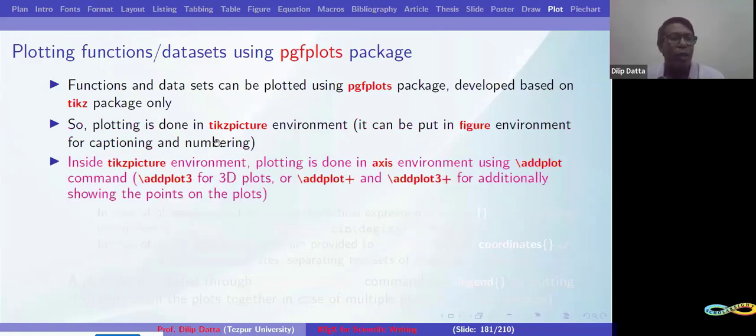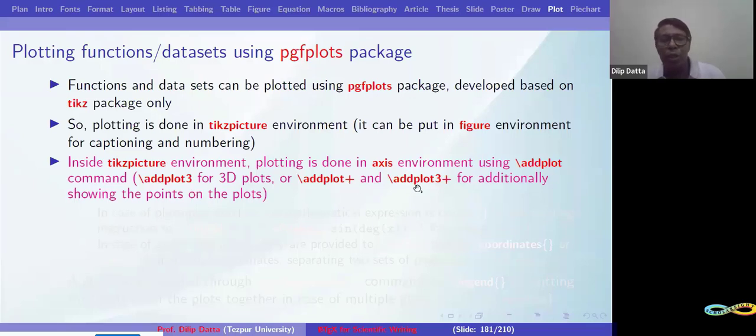Now, what will be done inside the TikZ environment? Plotting is done in the axis environment. Axis will be required very much. Axis means this is the coordinate plane. Just imagine graph paper, what do we do? We have axes, so the axis environment will be used. Inside this axis environment, simply the addplot command will be used for plotting two-dimensional functions, or addplot3 will be used for three-dimensional plots.